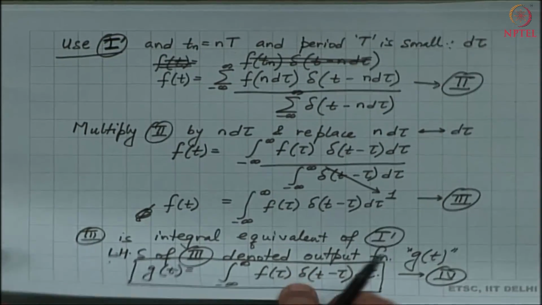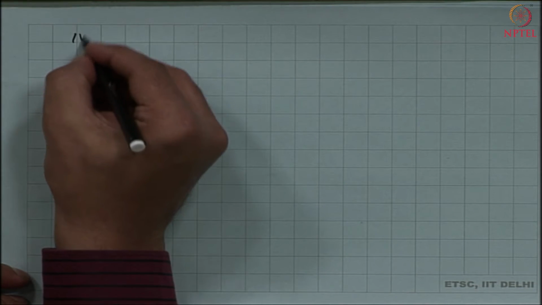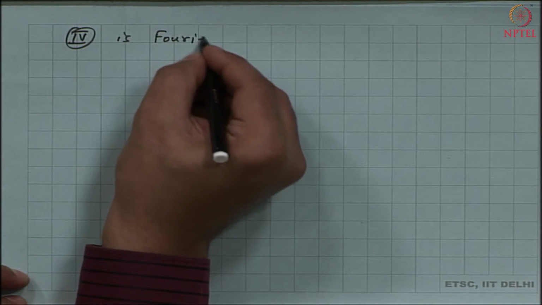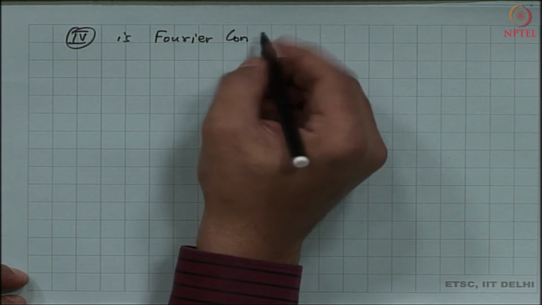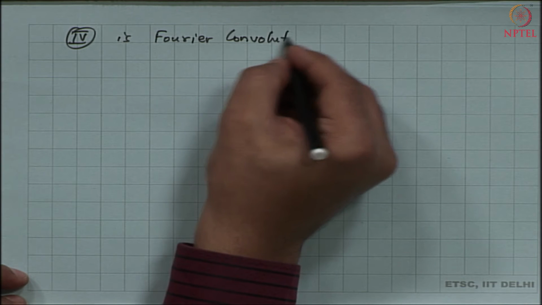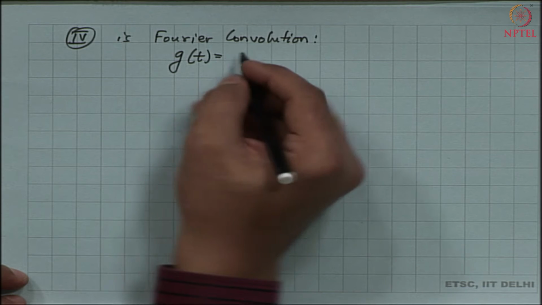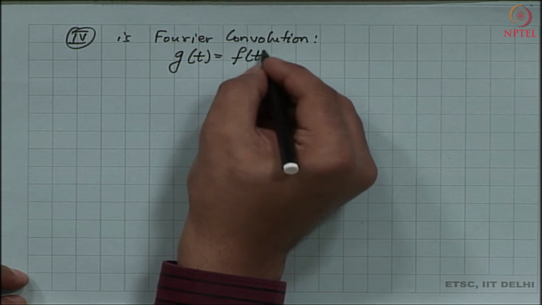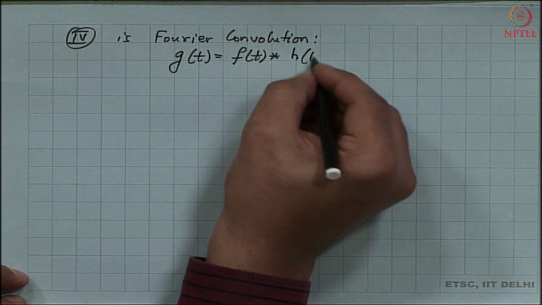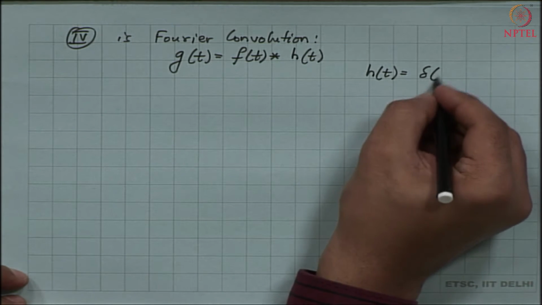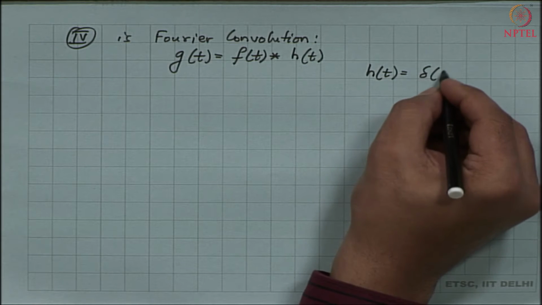So, 4 is the Fourier convolution, right. So, what I have is that the output is nothing but f convolved with h, where my function h is the delta function.